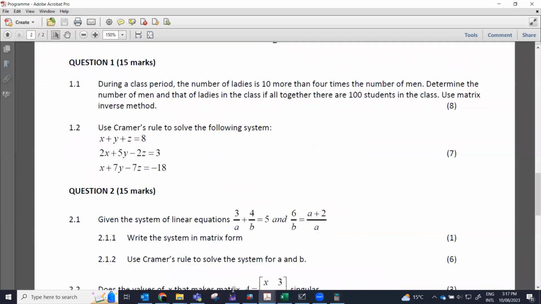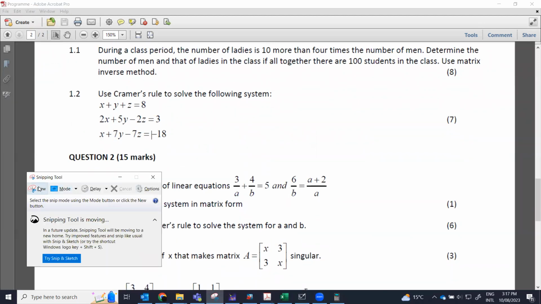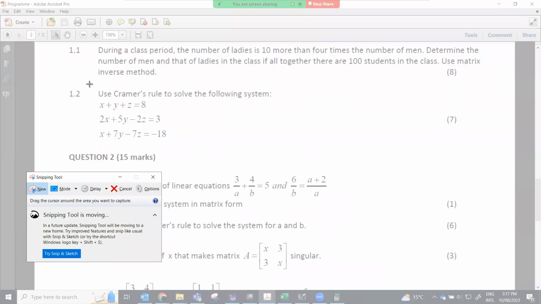Use Cramer's rule to solve the following. Let's copy this question here.